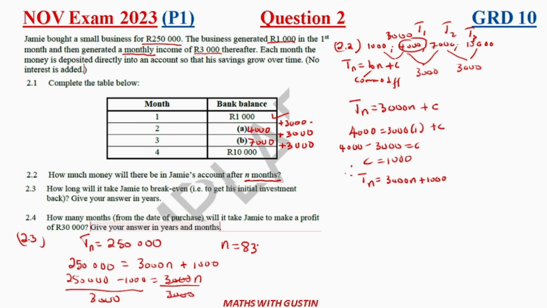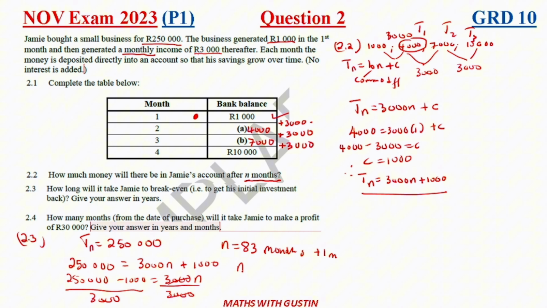But however, guys, remember when we found this formula here, our nth term, when we found C, now we need to add back this C, which is the initial amount you put in the bank for 1 month. Because this is going to be 83 months plus 1 month where you only got 1000.